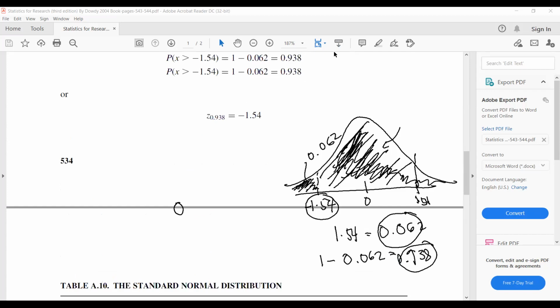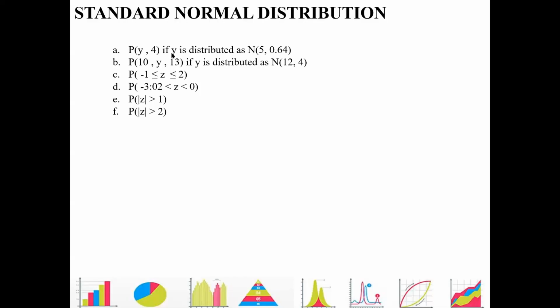Okay, so sa mga hindi, balik tayo dun sa problem natin. Okay, for example, this one, P(Y<4) if Y is distributed as N(5, 0.64).